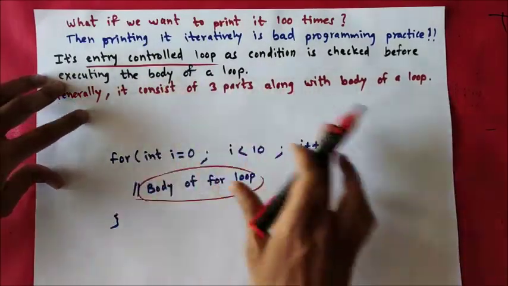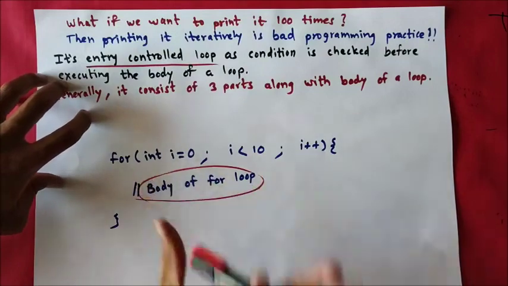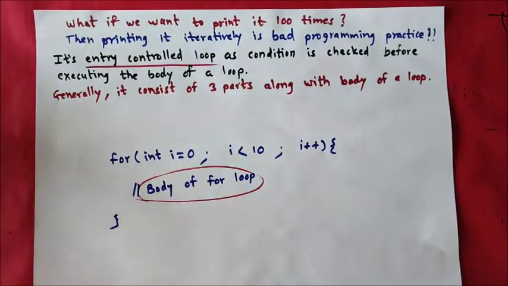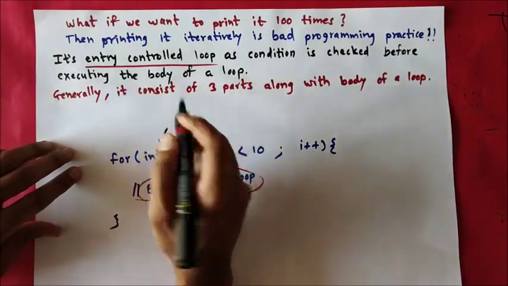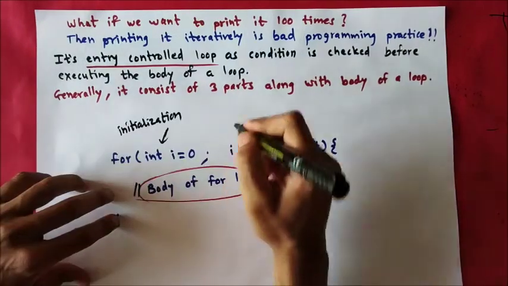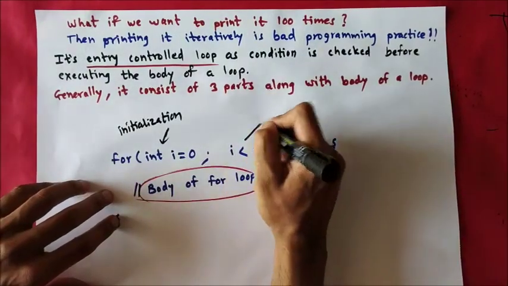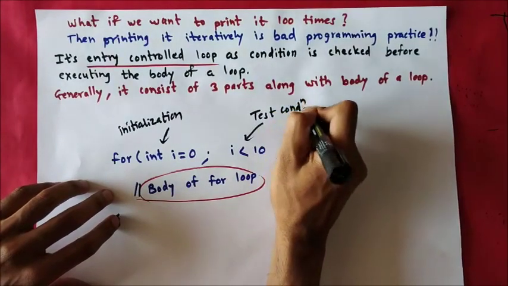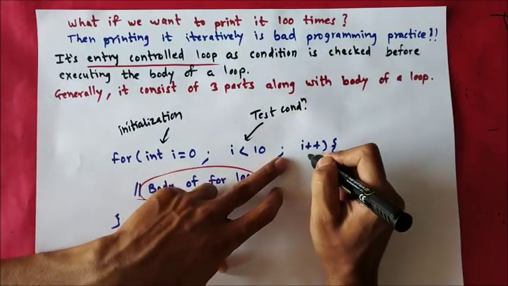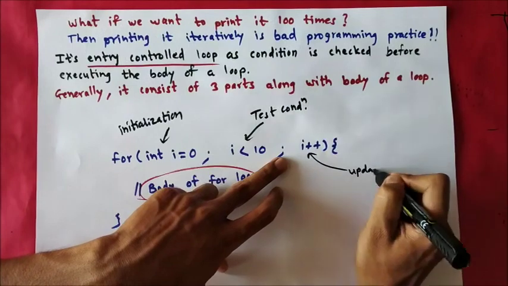And generally it consists of 3 parts. We'll discuss how the for loop works, don't worry. The first part is the initialization. Then this is called the test condition, which is where the condition will be checked, and then this part is called the updation part.